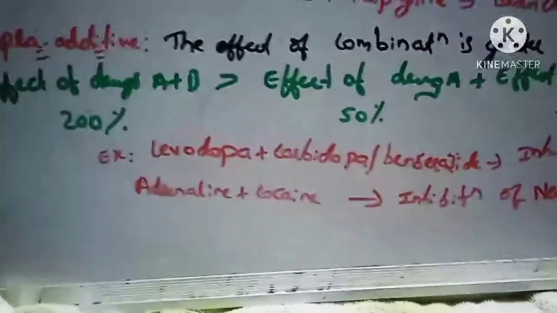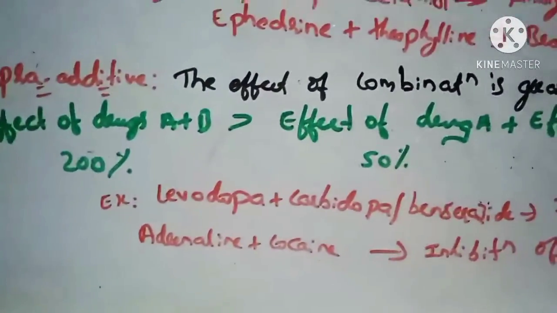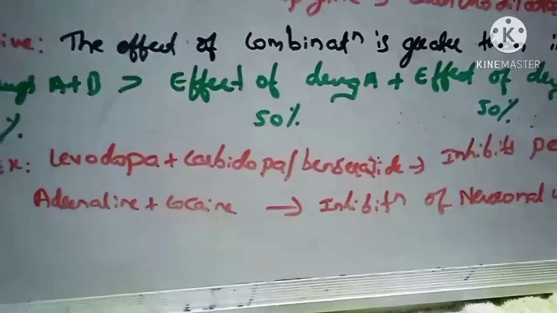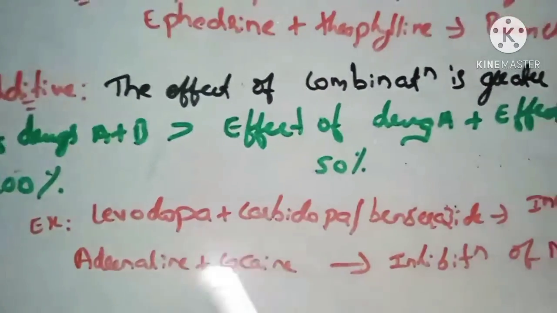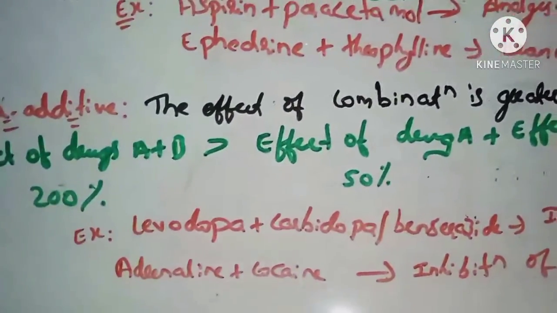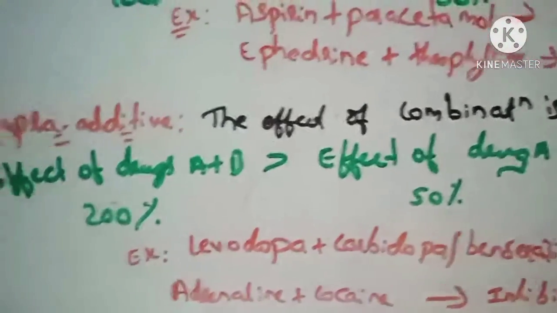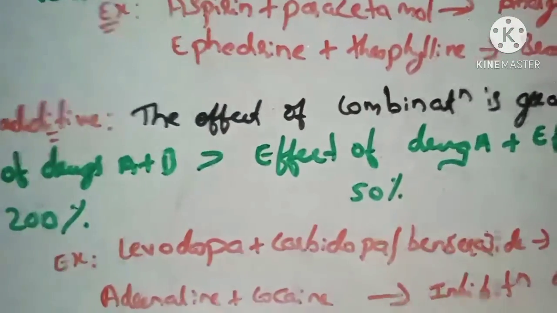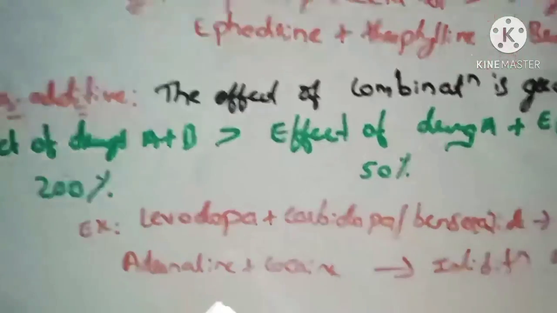Adrenaline and cocaine inhibit the neuronal reuptake. Adrenaline is a hormone, and cocaine is a highly effective addictive drug, an opiate. Both in combination, adrenaline shows the fight and flight response, and it stimulates the response, adrenaline plus cocaine.